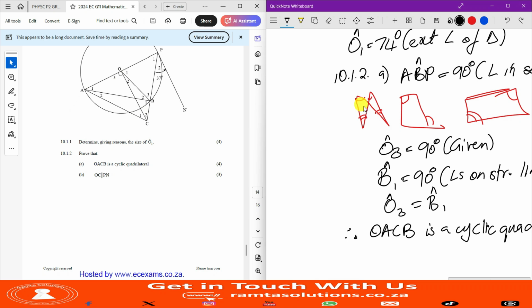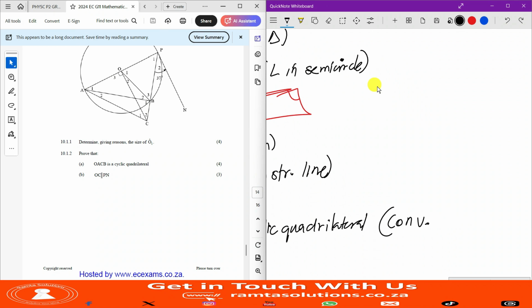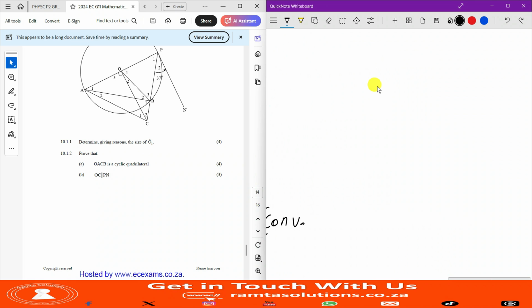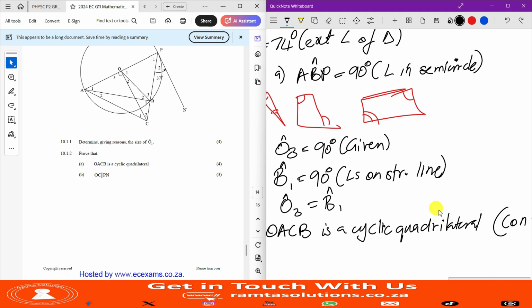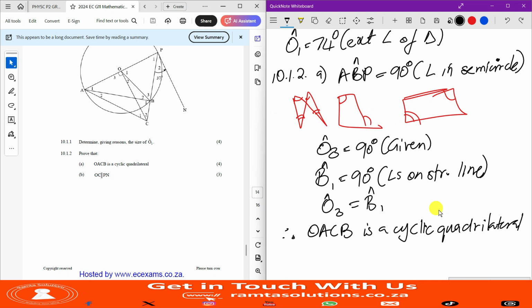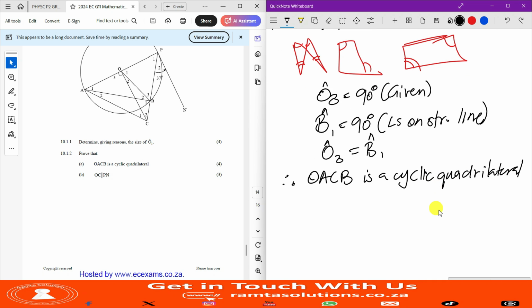These are angles on the same segment. So this is the converse of angles on same segment. It's the converse, guys, because it wasn't given that it's a cyclic quadrilateral.